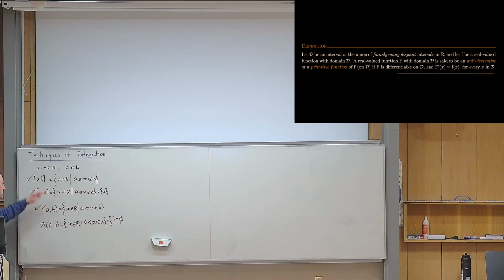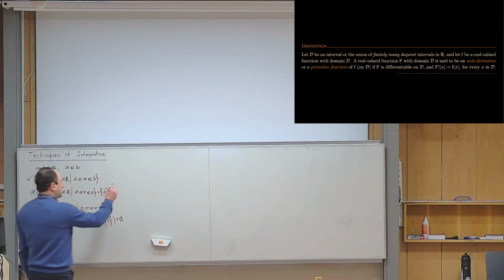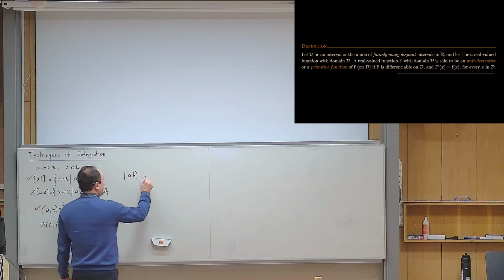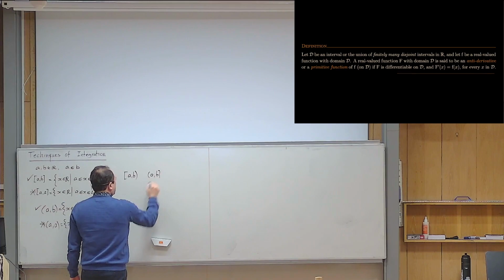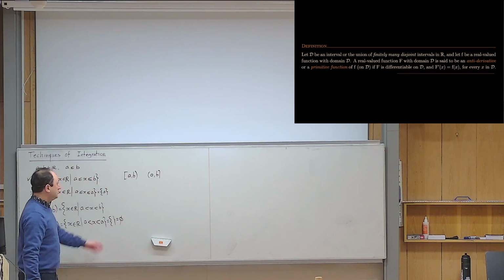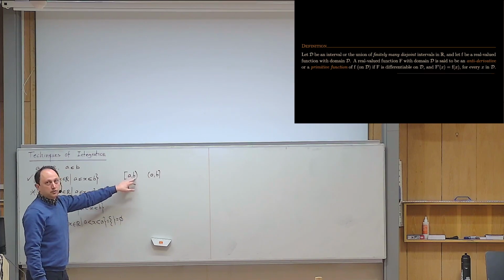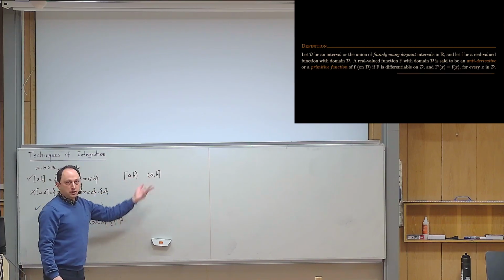These intervals can be combined. For example, I can consider semi-open, semi-closed intervals like this. I hope the idea is clear. This is the set of all x's between a and b. A is included, b is excluded, and this is the other way around.